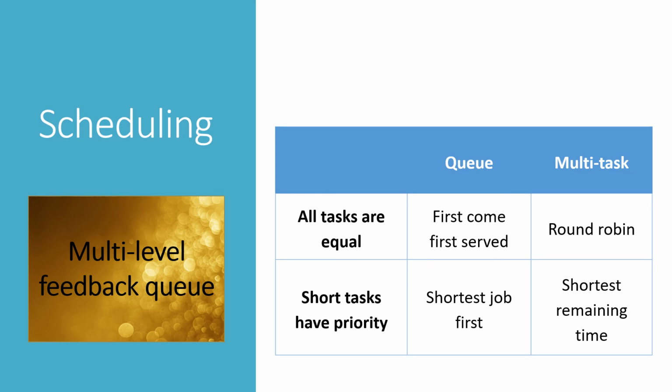It creates multiple queues, so it uses the queue method, but then it swaps very quickly between the items in the different queues using the multitask method, and it takes into account all sorts of priorities and feedback from the jobs, so that it's always giving you the best possible scheduling for whatever work is underway. And that's clearly the winner over the other 4 methods, but the other 4 methods are still used, for example, in print queues, so you need to be aware of them.